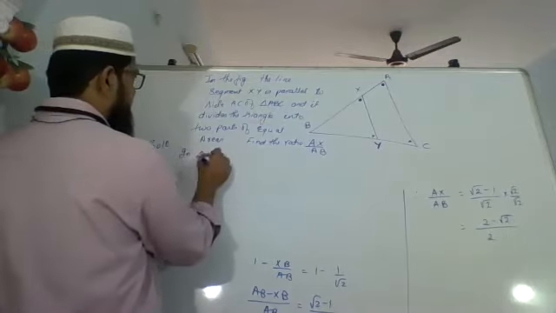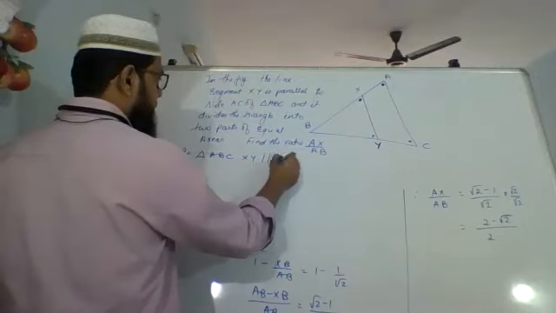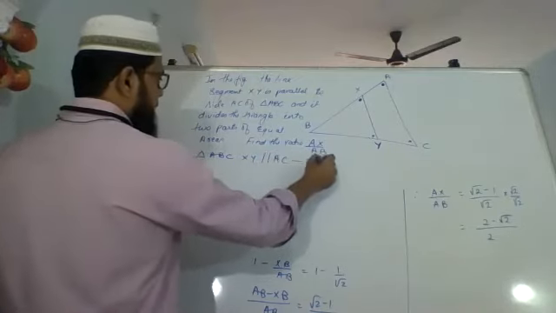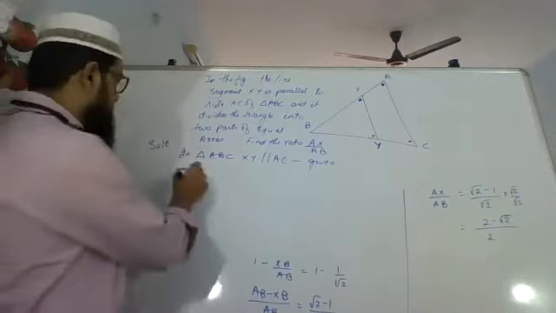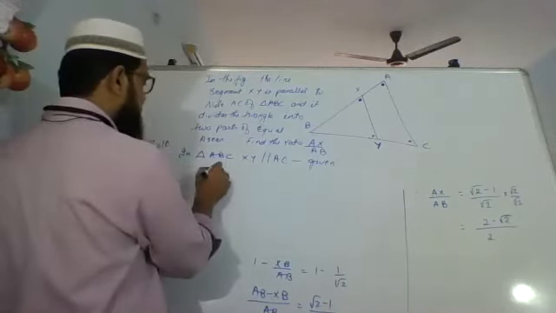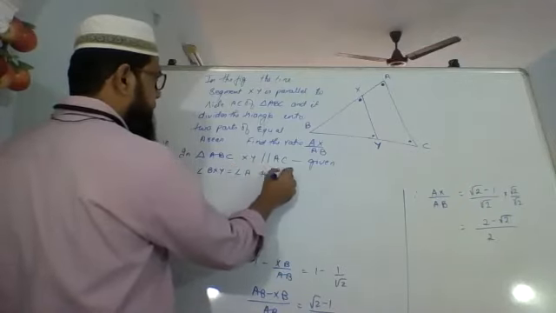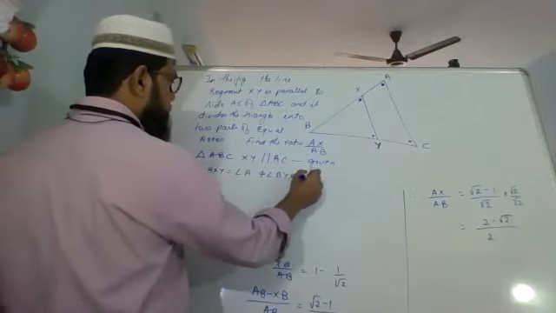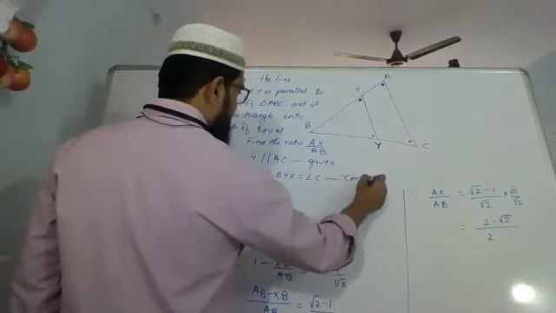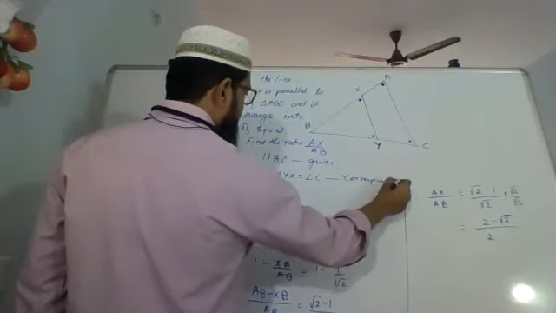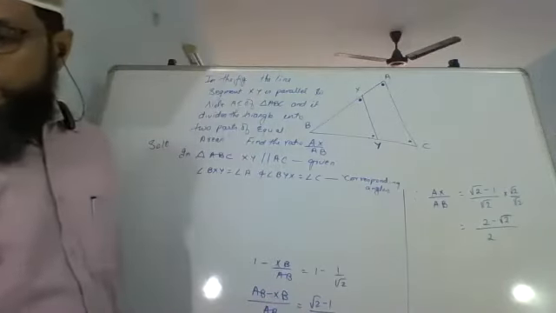Solution: in triangle ABC, XY is parallel to AC, that is given. Therefore, angle BXY equals angle A, and angle BYX equals angle C. Reason: these are corresponding angles.